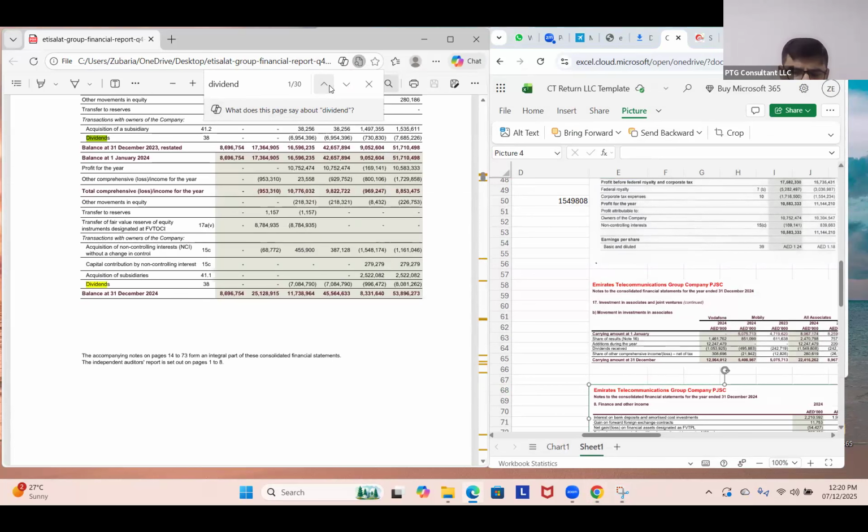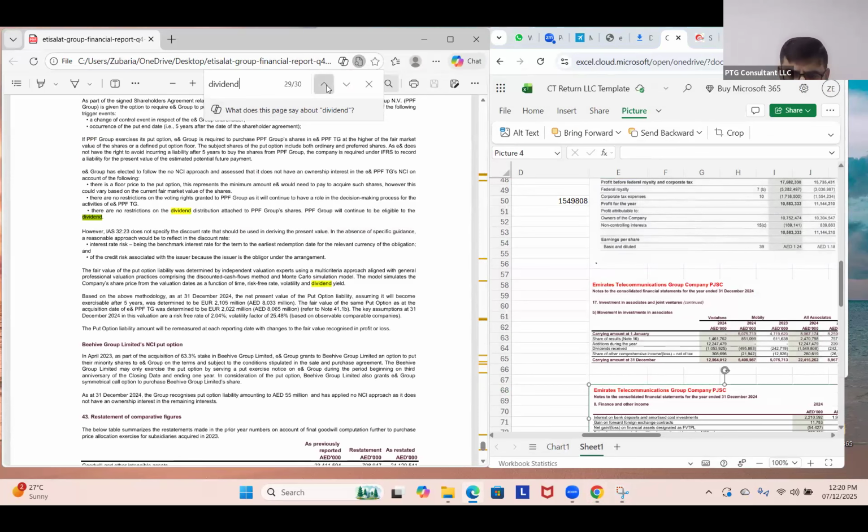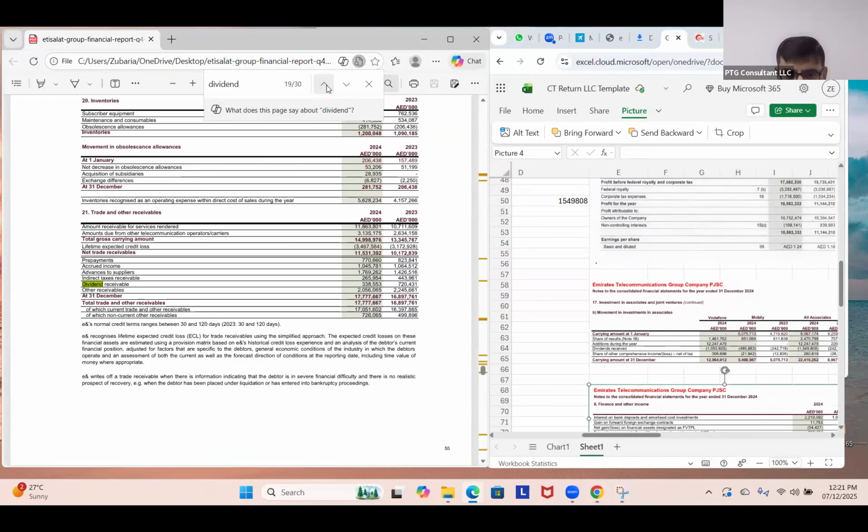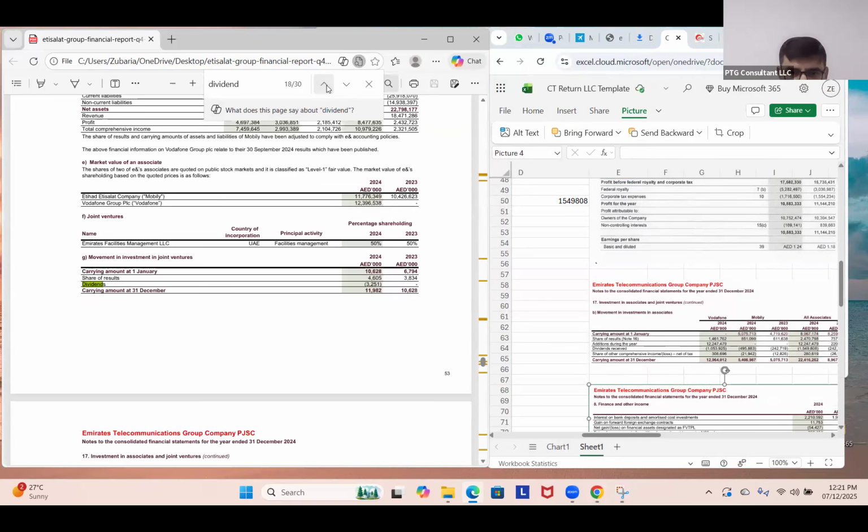Here we are putting the screenshot in the same Excel file. Everybody has their own choice, but normally what I do is make each tab separate and give each tab a name. Then we do the calculation and link it with the financials from there.